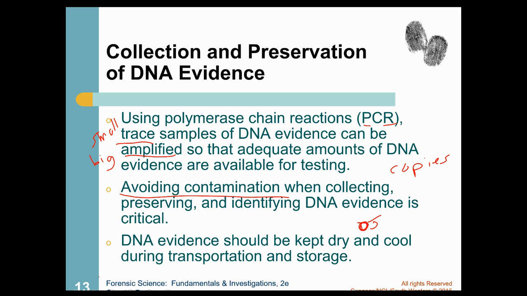So how you store DNA is very important, because if it's not kept in a cool, dry place, you're going to end up with degradation. You basically want to make sure that you dry a blood sample before storage, and you want to store that in a paper bindle, if you recall making a paper bindle from our beginning of the year lab.